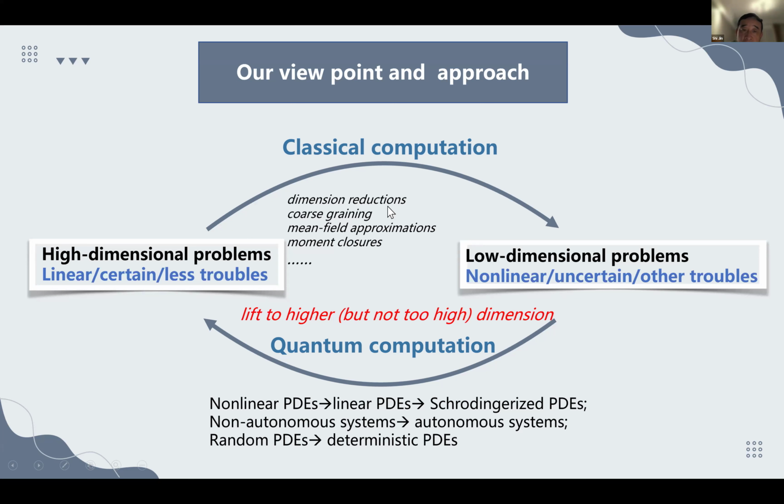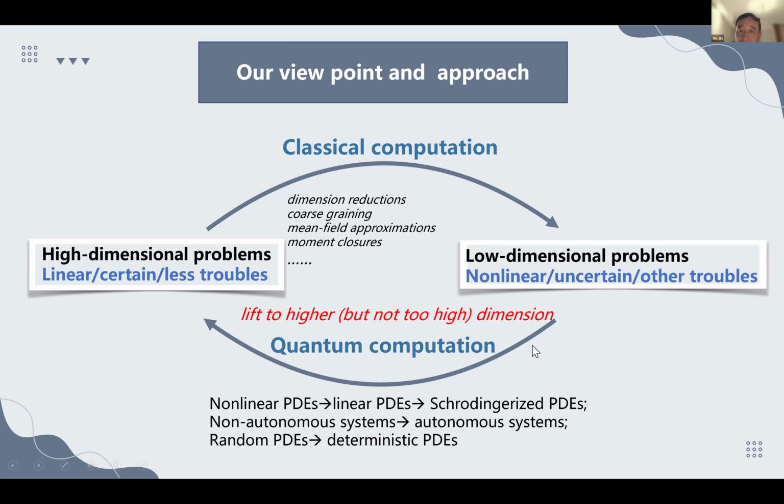You take dimension reductions, coarse graining, you take the mean field limit, you take moment closure, and so on. The goal is to bring the dimension down so classical computers can solve it. Of course, the price you pay is that you may start with a linear equation and end up with a nonlinear equation. You start with n-body Schrodinger, you end up with the nonlinear Navier-Stokes equation, for example, all right? So these are problems that quantum computers cannot solve. What we have been doing, at least we have this systematic way of handling all these different problems, is the opposite.